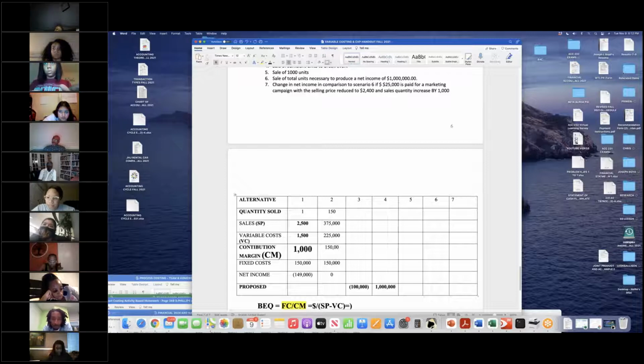Okay, let's look at our first formula here that will help us. Whenever we're trying to get that break-even quantity, all we need to do is get the fixed cost, which is 150,000, and divide it by the unit contribution margin, which is 1,000.